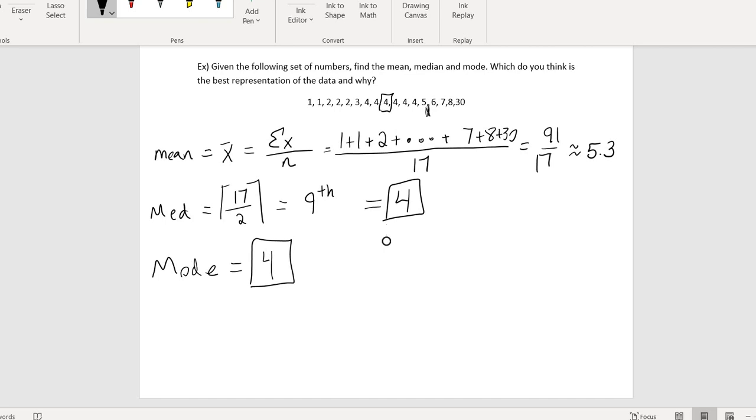Also, I suspect that this number is only so high because we have this weird outlier, 30. Our median is 4 as well as our mode, and I feel like both of those are probably better representations. So I would say the best in this case would be the median and mode, and I would really just go with the median because of the outlier.